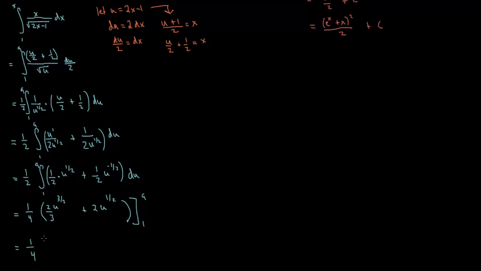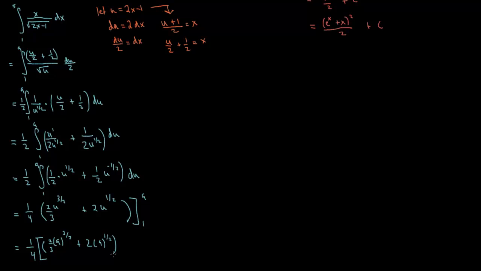So we need to use lots of parentheses. In fact, I'll use a bracket around the entire process and parentheses around the individual capital F evaluations. So that's going to be 2/3 times 9 to the 3/2 power plus 2 times 9 to the 1/2 power.